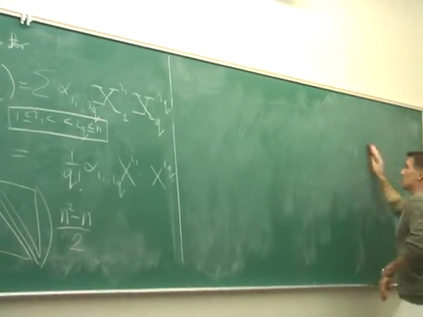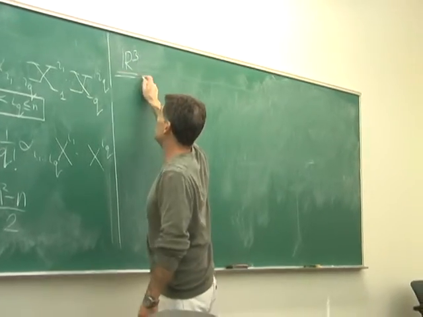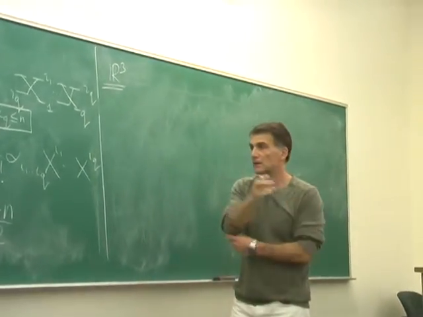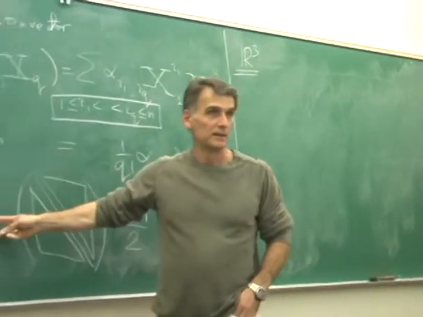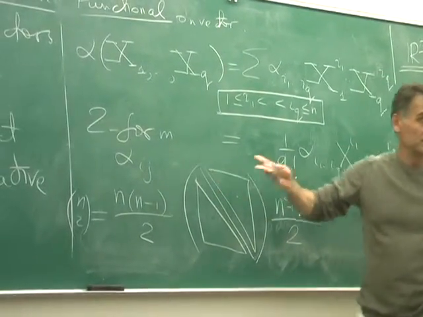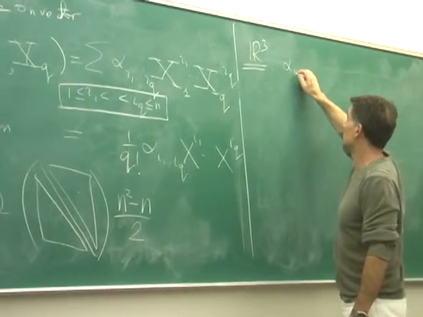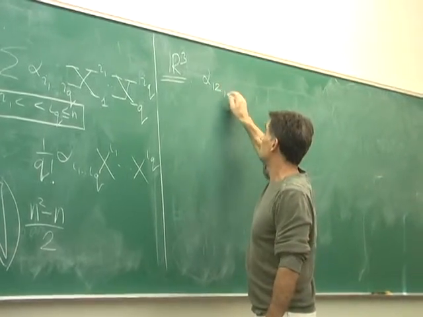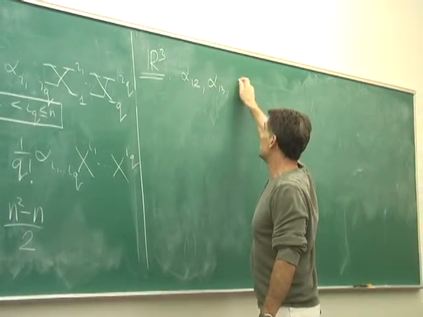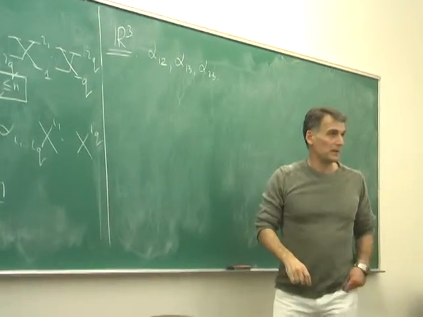If you want to compute this, let's say n is equal to 3, like in 3-space, then that number is equal to what? 3, right? Then you can just list them. Alpha 1, tell me which ones there are. Alpha 1 2, alpha 1 3, and alpha 2 3. These are the only ones that are independent.